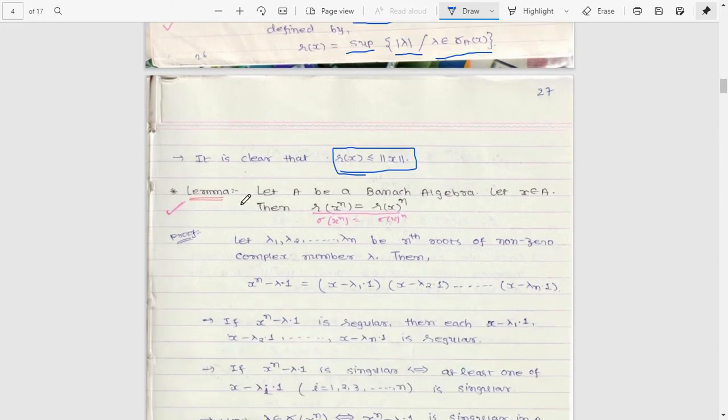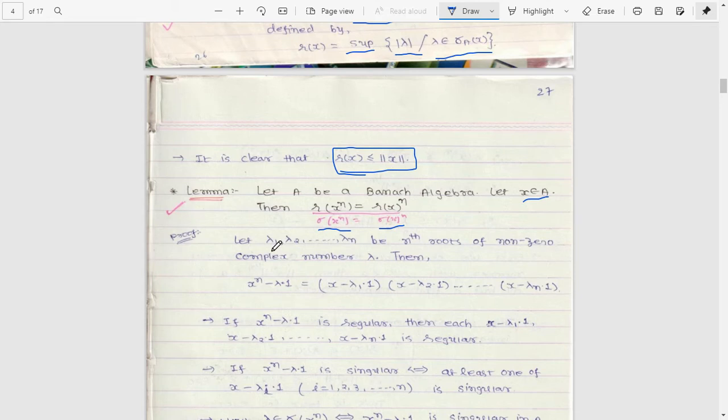Lemma. Let A be a Banach algebra and let x belong to A. Then r of x raised to n is equal to r of x raised to n. Also we can prove sigma of x raised to n is equal to sigma of x raised to n.